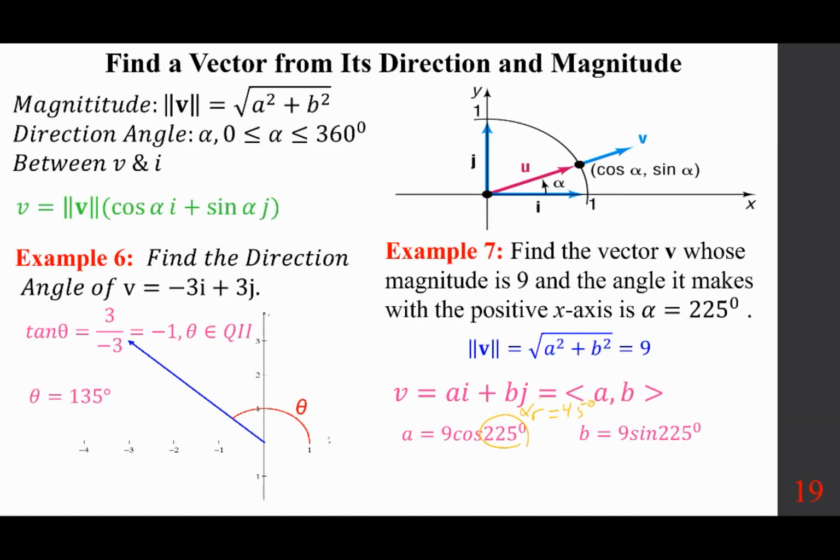In the third quadrant they're both negative. And so we get negative 9 square root of 2 over 2 i minus 9 square root of 2 over 2 j. The reason is that at 45 degrees, cosine and sine are both square root of 2 over 2, and the third quadrant makes them negative.